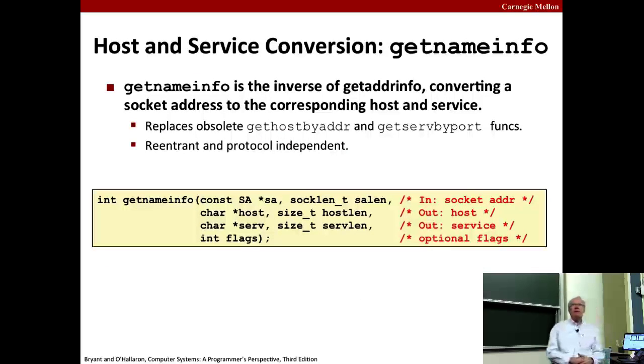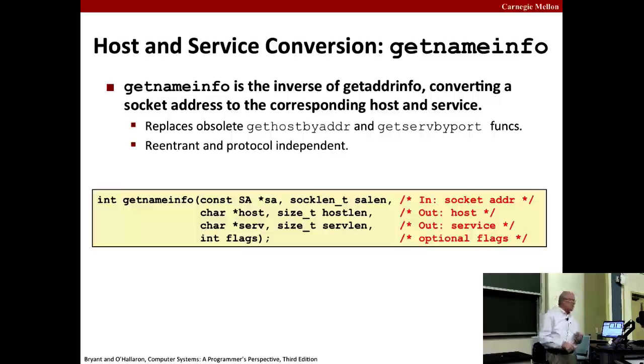And then there's an inverse function. getaddrinfo is: give me the address information about some name. And getnameinfo is: I give you an address, and you give me back some documentation about it, including potentially a domain name. So there you pass in as the first argument a sockaddr struct.